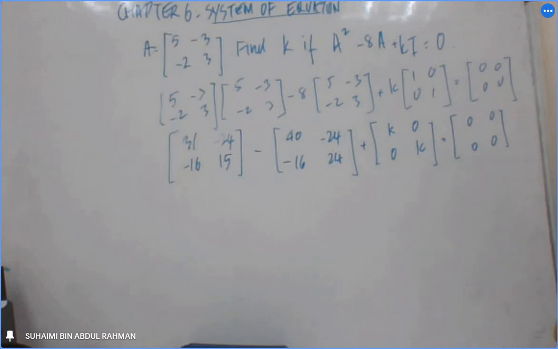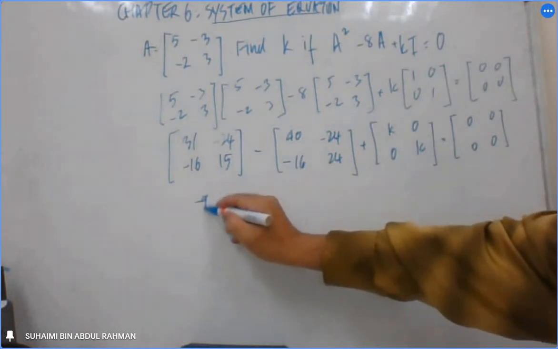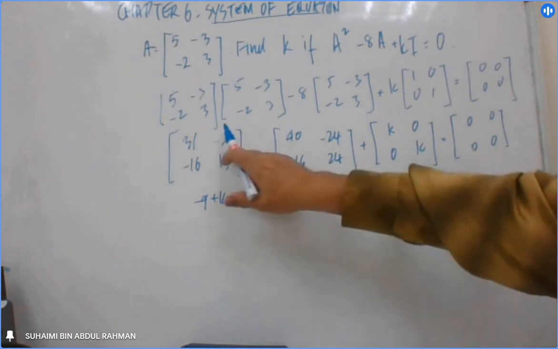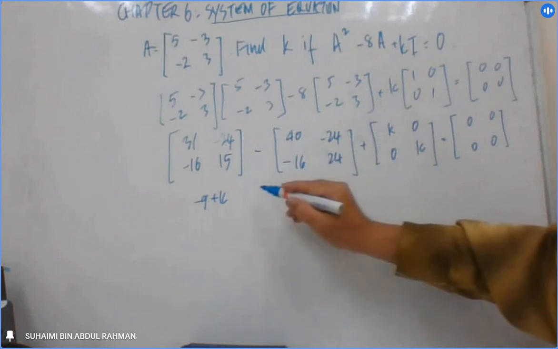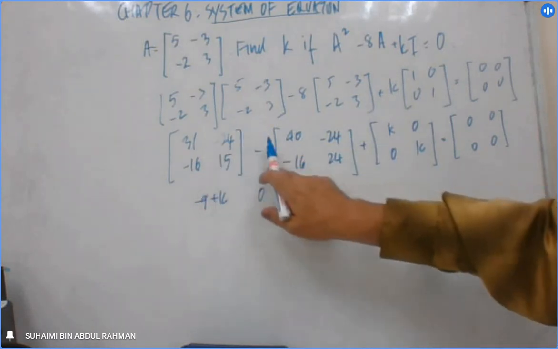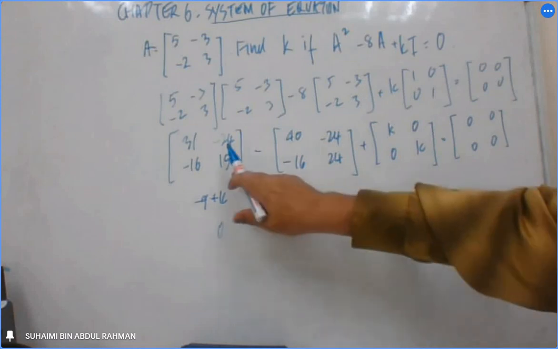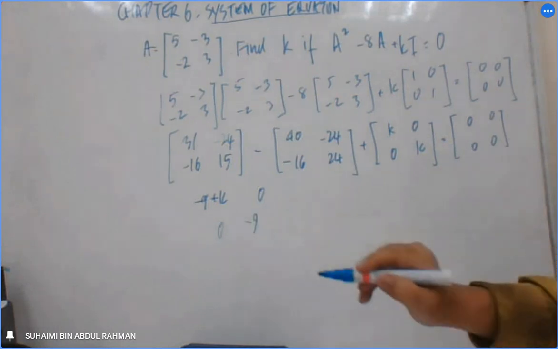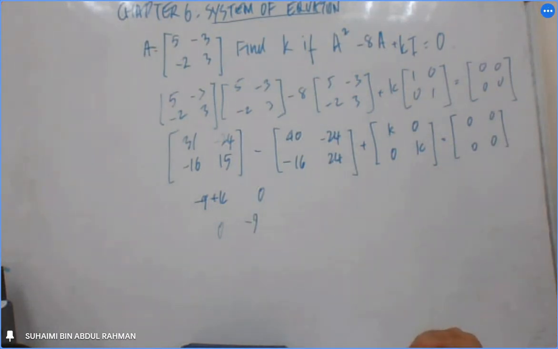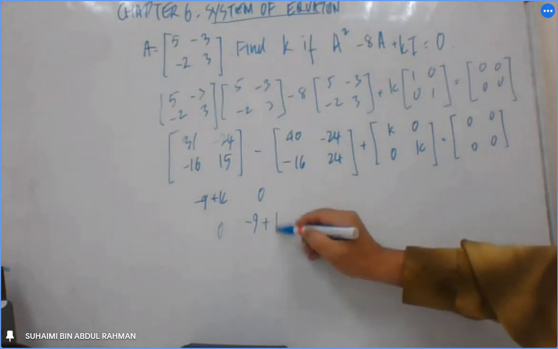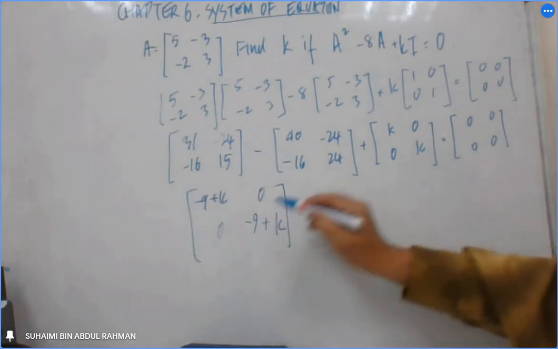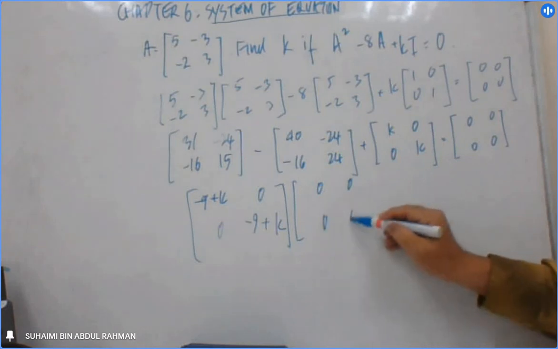Now 31 minus 40 plus K, minus 24 plus 24 plus 0, minus 16 plus 16 plus 0, and 15 minus 24 plus K, equals 0, 0, 0, 0.